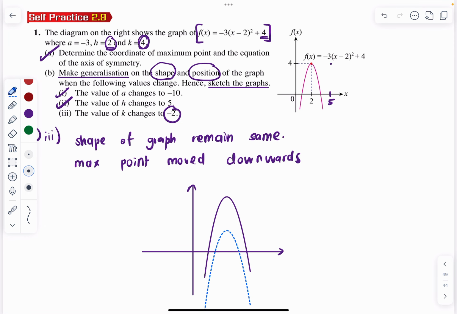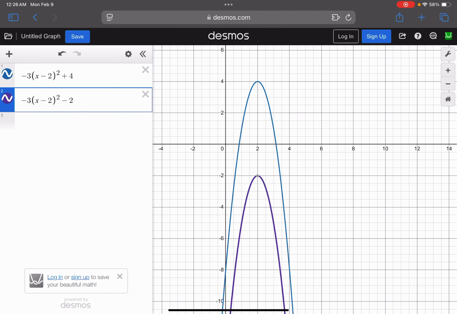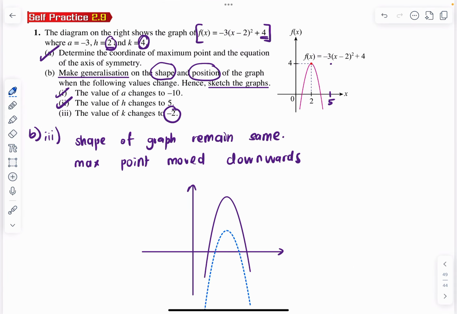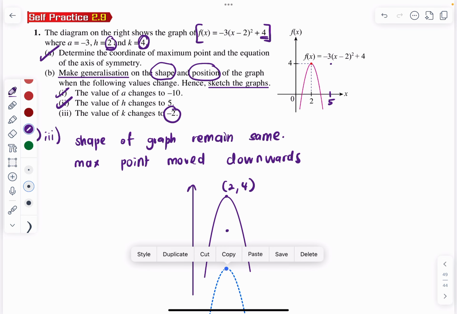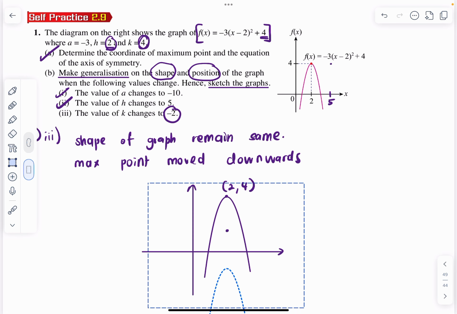So our new graph has moved down. Let's find out how much did it move. So our original coordinate was 2, 4. Our new max coordinate is 2, -2. So from 2, 4, it has now become 2, -2. So the graph actually is even lower, somewhere here. I draw the side, not enough space here.